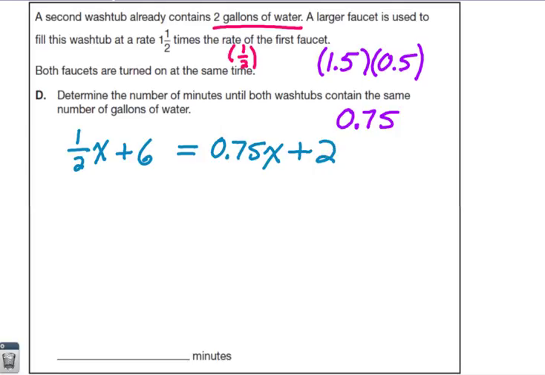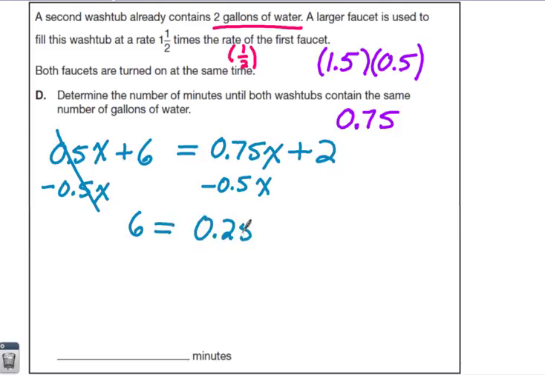So why don't I just go ahead and change this 1/2 to 0.5, same thing. And now guess what? I can solve this for x by getting the x's only on one side. So on the left side, we still have that positive 6, 0.75, so that should be 0.25x, and we still have that plus 2.